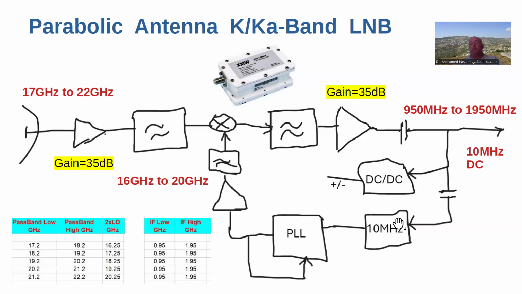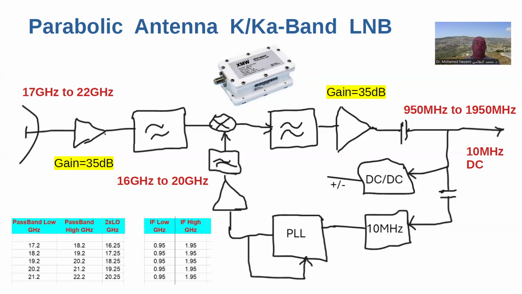Some systems actually have a separate input for the 10 megahertz because they may have a GPS receiver, or a separate system that distributes the reference to all of the equipment, such as the platforms and ships and so forth. Here is the frequency plan to receive from 17.2 to 22.2 gigahertz. They're usually chopped up in sub bands, and when you buy these, you really have to specify what frequency you're interested in. Where are the channels that you're going to be operating on?